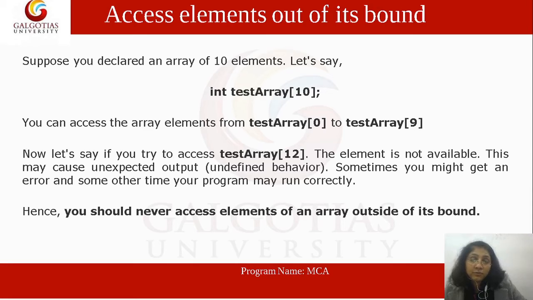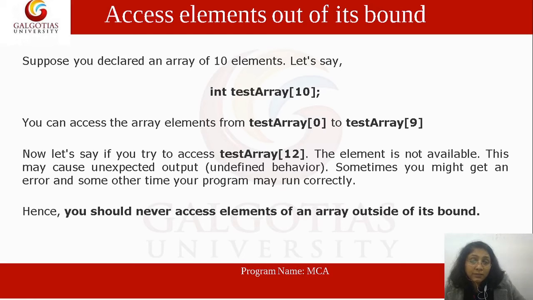Accessing elements out of bounds. Suppose you have declared an array whose name is test, and the size is 10. So you can access array elements from test[0] location up to test[9] location. Now, if you try to access test[12], then the element will not be available because you have given size only up to 10.